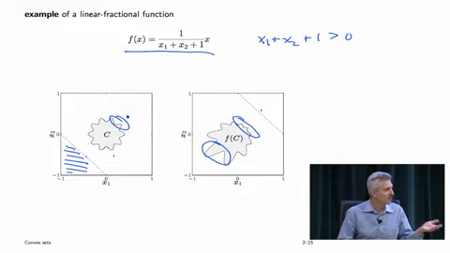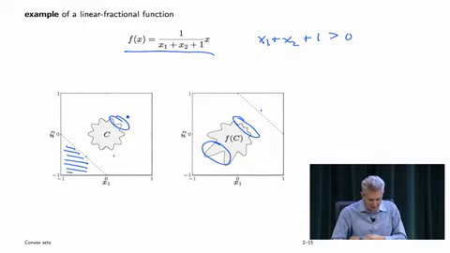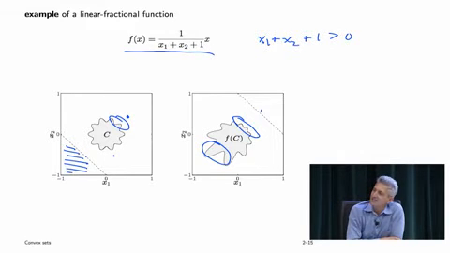Okay? And so what this says is kind of cool. It says that if an object is convex in 3D, then the image it puts onto your camera or your retina is convex.